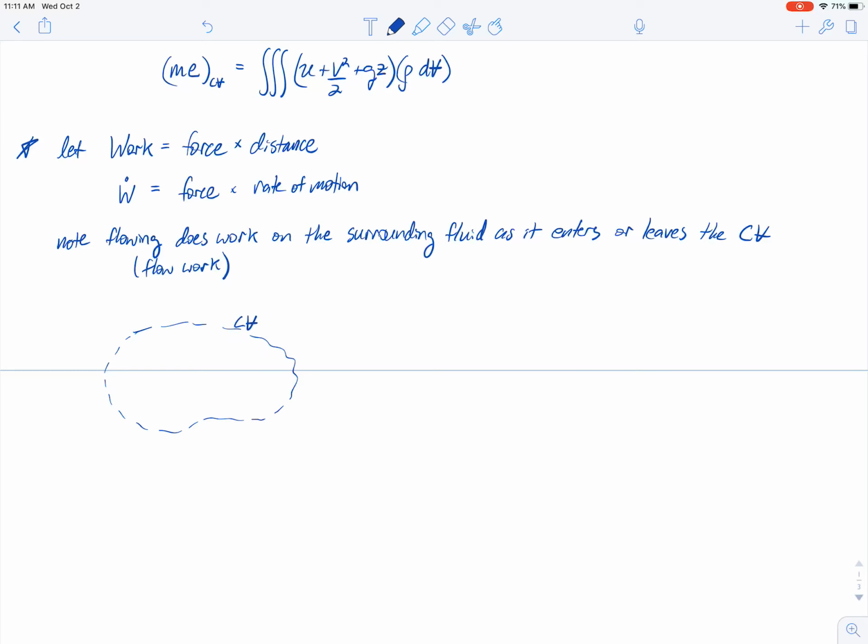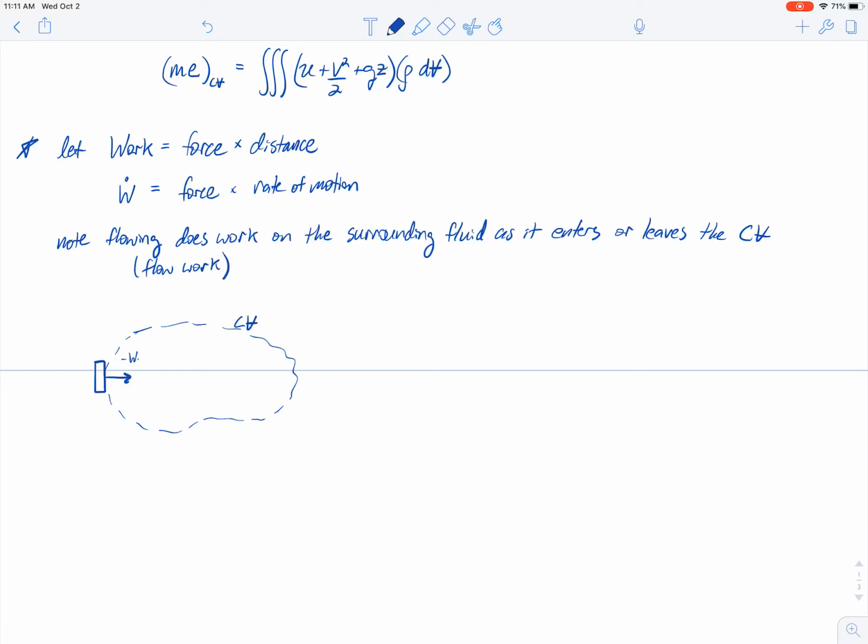Here's my control volume, and let's consider a little packet of fluid as it's entering. So there's a little differential packet of fluid, and it's having to push its way in.